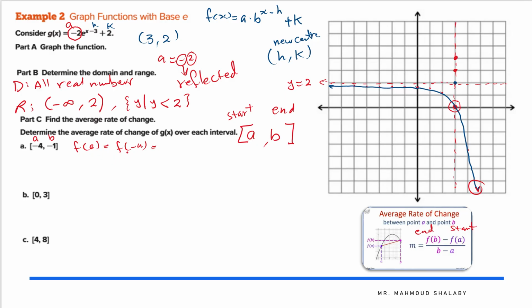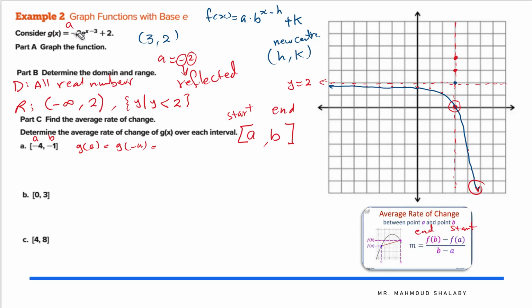What does it mean by f of -4? It means I will go to the original function, I will replace x by -4. Sorry, here we have a g of x. It doesn't make any difference, but just to know this is the correct letter to use, there is no change in the method. So it will be g of a, g of -4. It means I will go to the function g of x and I will replace x by -4.